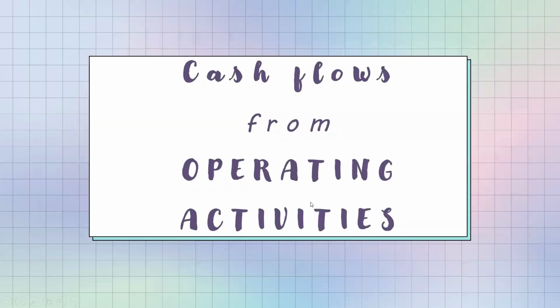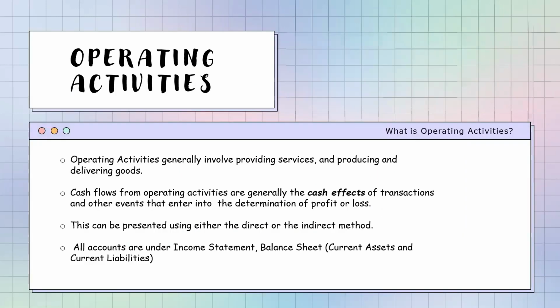So, let's move on to the cash flows from operating activities. So, ano yung operating activities? Sabi dito, it involves providing services and producing and delivering goods. So, if you can remember, meron tayong three types of business: yung service, merchandising, and manufacturing.